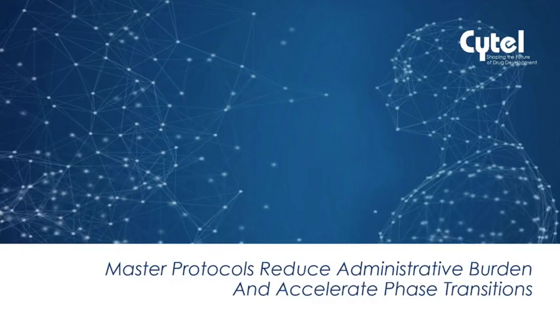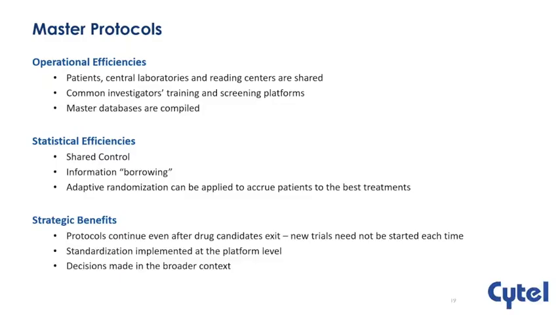Let's go into master protocols. So as I said, master protocols are protocols where you're studying multiple indications and or treatments in one trial. Why would you do this? There are 3 sets of benefits from implementing a master protocol. You have operational efficiency.